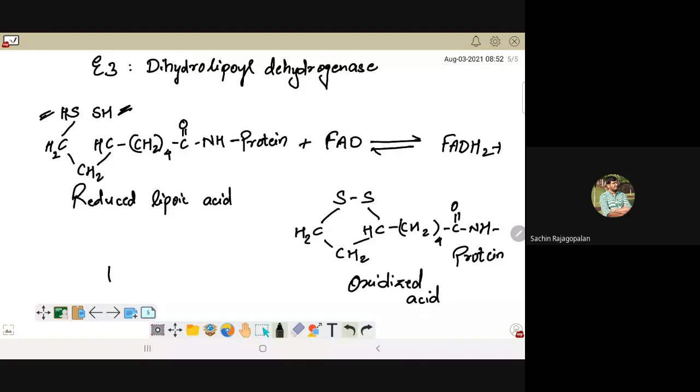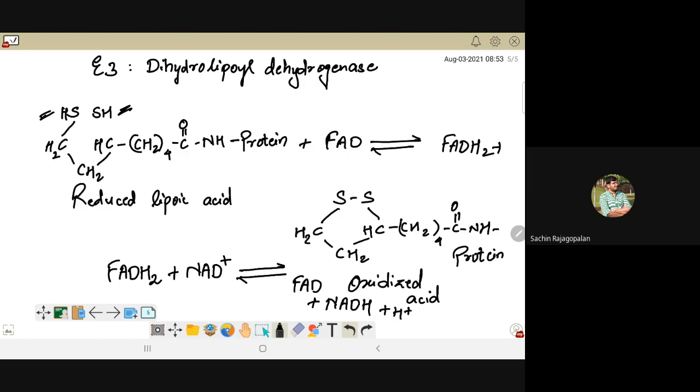So that's where FADH2, which is a reduced form of FAD, is going to donate hydrogens, going to lose its hydrogens, go back to its oxidized state, and those hydrogens are accepted by NAD plus, forming NADH and H plus.